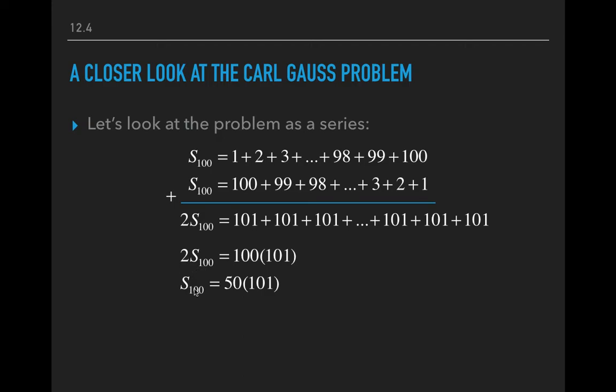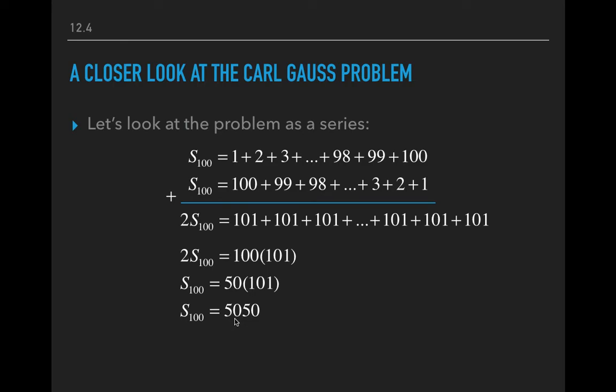I've divided each side by 2, so now this is 50 times the sum of the first and last term. Half of the number of terms that I'm adding up times the sum of the first and the last, which is what we already know to be true, 5,050 for the Gauss problem.